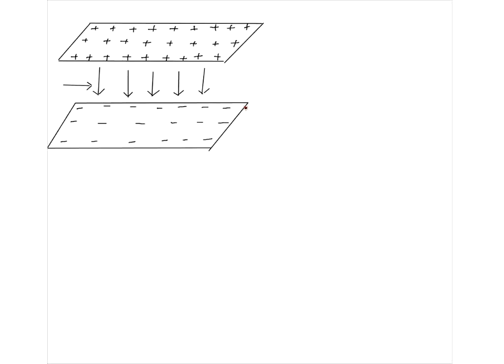But then outside this capacitor, there is no electric field. We are assuming that there is no electric field. So when it comes out from, say, here, then it has no force acting on it. Neglect the gravitational force. So it will go absolutely straight. So parabolic and then absolutely straight.